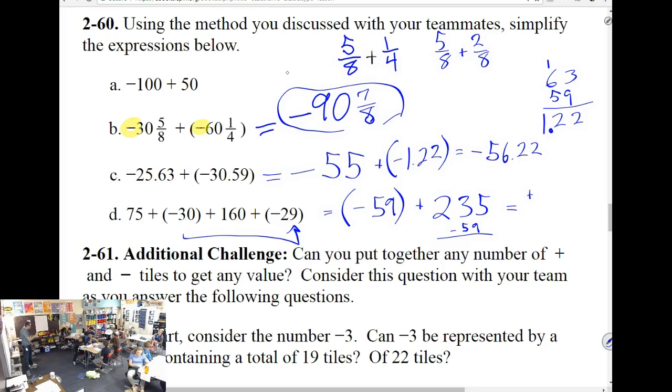But 59 is almost 60. So if I think about 235 minus 60, take away the 35 to get me to 200, and then take away 25 gets me to 175, but I didn't actually take away 60. I only took away 59. So instead of 175, it's 176.